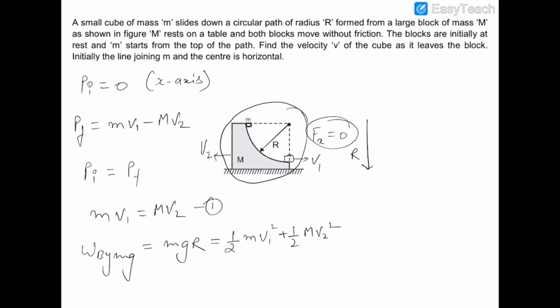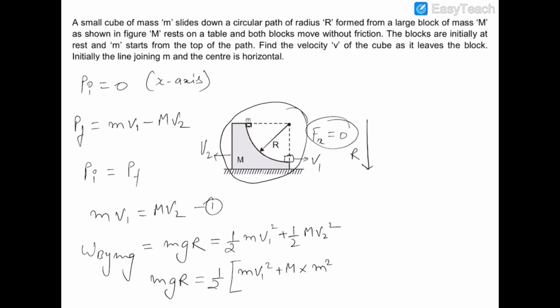Okay, so we have to find out the velocity of the cube, which is v1. Therefore we can replace v2. So mgr is equal to half, this is m v1 square plus M v2 square.